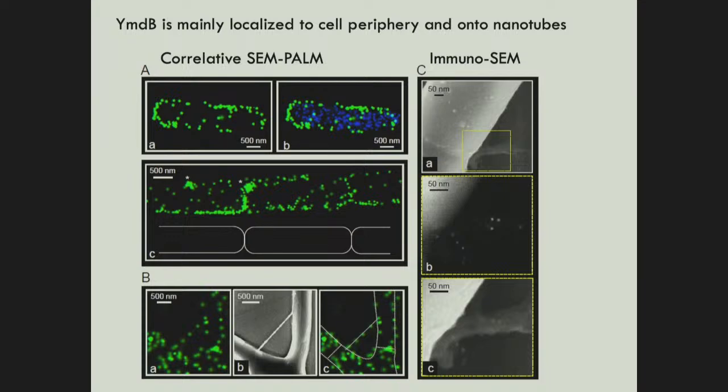So whether this YmdB protein is really responsible, and whether it is localized to the nanotube or not, we did a single molecule analysis. This is PALM, and we labeled YmdB with GFP, like tagged the YmdB gene with GFP, and we observed them using correlative microscopy as well as scanning electron microscopy using GFP antibody, and then we did correlative.